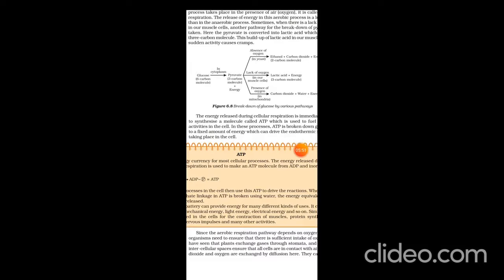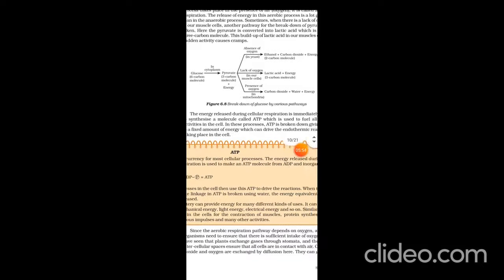They will undergo this change, and after entering the mitochondria, inside the mitochondrial cristae, these will be converted into carbon dioxide, water and energy. If that is lacking, because muscle cells don't have much mitochondria, it will be converted into lactic acid.